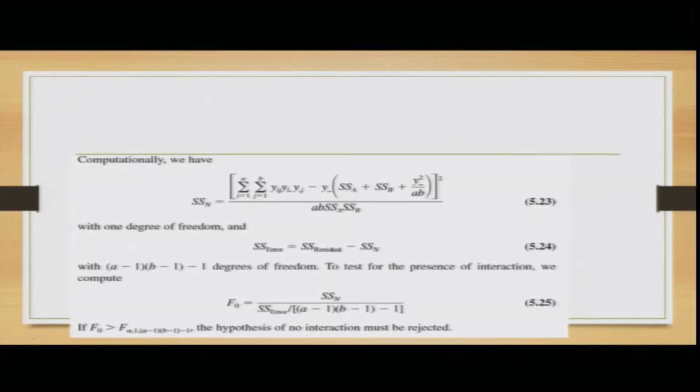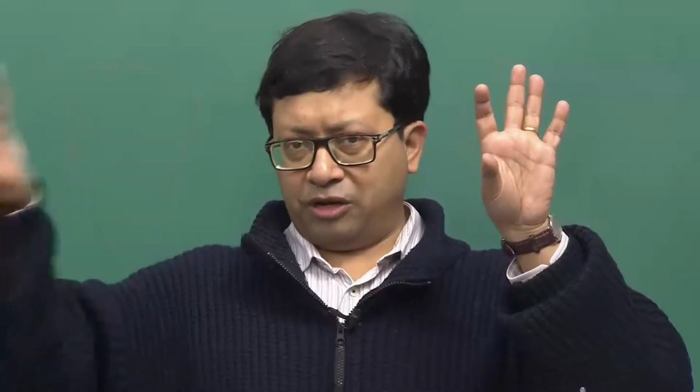Computationally, when you find the sum of squares corresponding to N, where capital N is, if you remember, equal to a into b into small n, you will have in the denominator the sum of the squares of A on a standalone basis and the sum of the squares of B on a standalone basis.